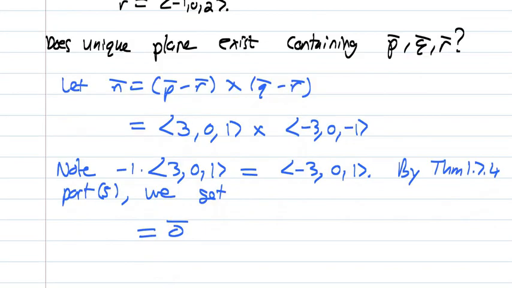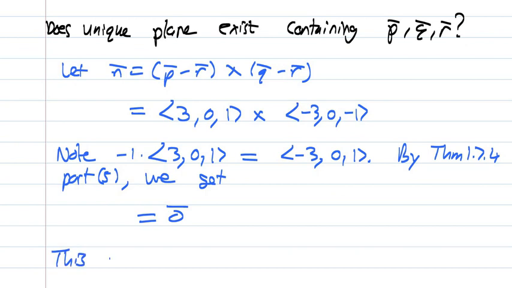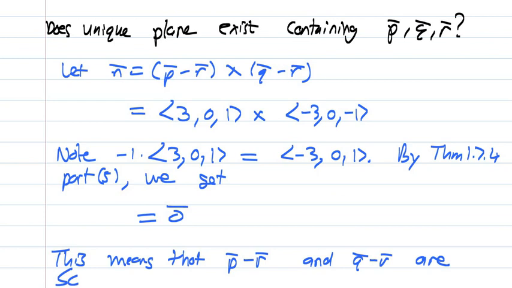Alright, so what does this mean? This means that P minus R and Q minus R are scalar multiples of each other.